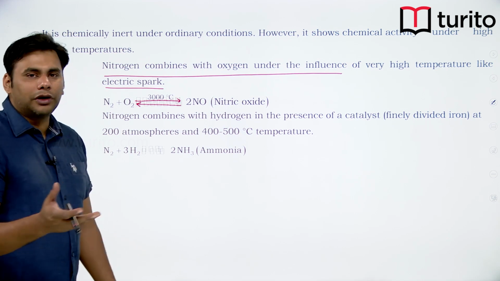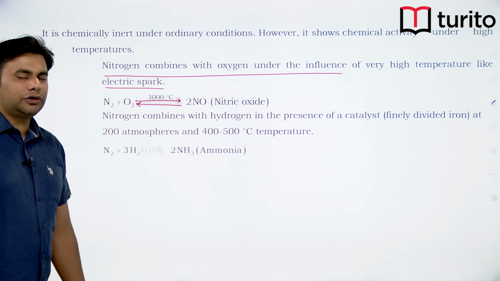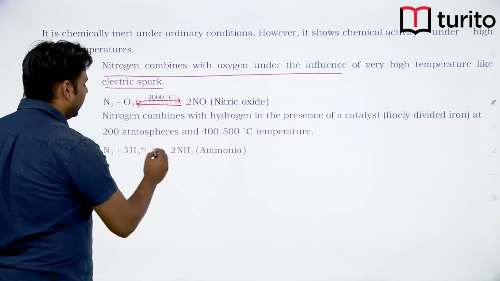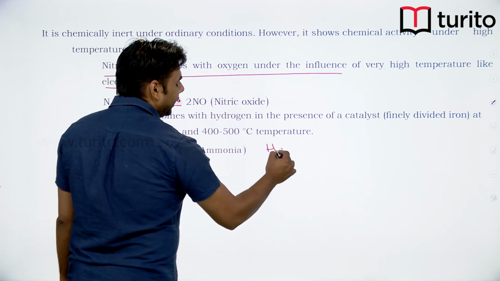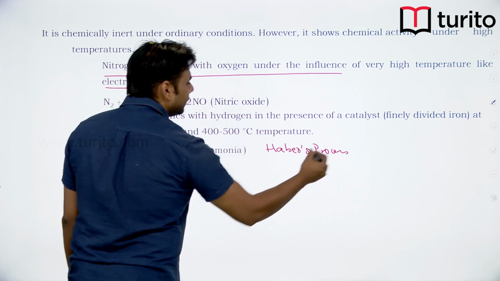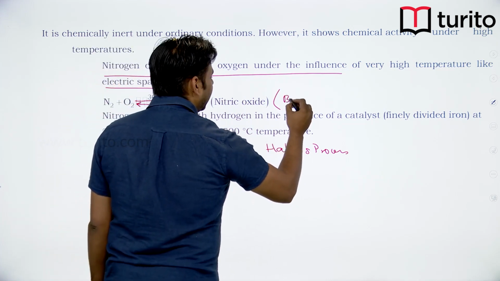This is also known as the Birkeland-Eyde process. Nitrogen combines with hydrogen in the presence of a catalyst, finely divided iron, at 200 atmospheres and 450 degrees Celsius to form ammonia. We know this is called Haber's process. So this is your Haber's process and this is your Birkeland-Eyde process.